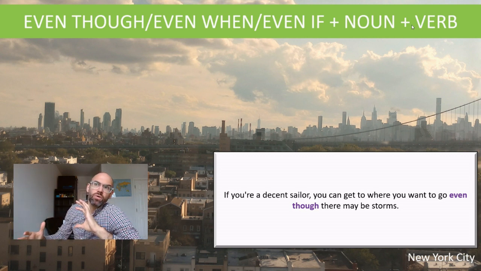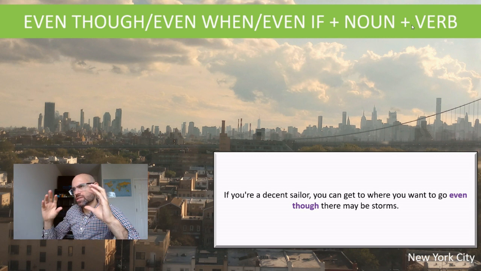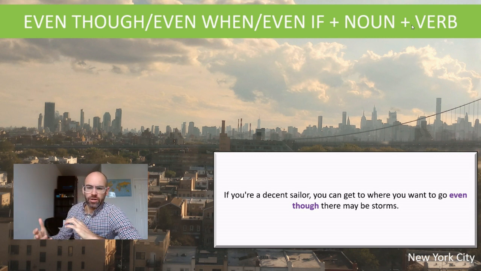So even though means here that there is this obstacle, this challenge, this barrier, in the sense that there may be storms that occur on the ocean or on the river where you're sailing. But even so, you can still get to where you want to go if you're a decent sailor.